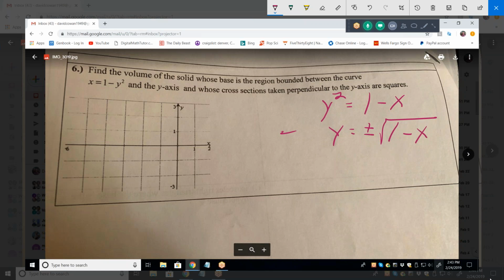Okay. So this is going to look something like, let's see, I know what y equals square root of x looks like. So this is y equal negative square root of x. So it's going to go something like this. It's going to be a reflection.